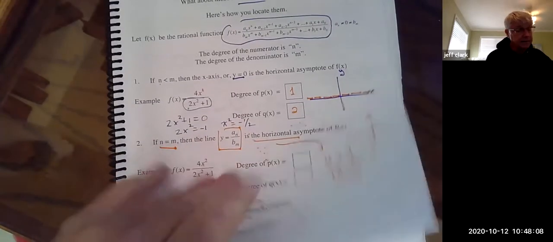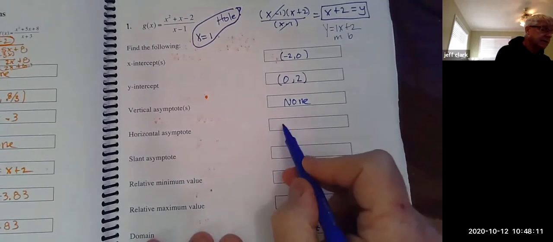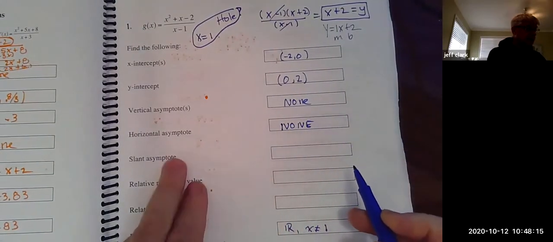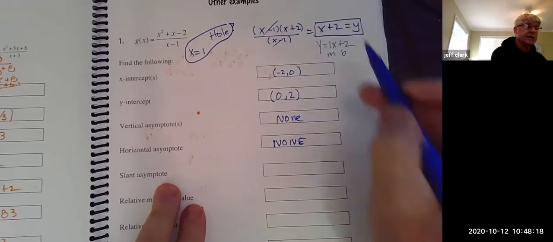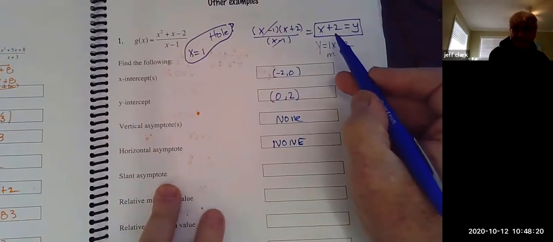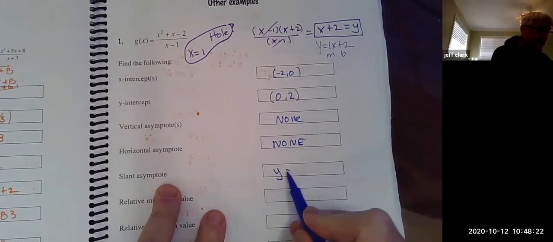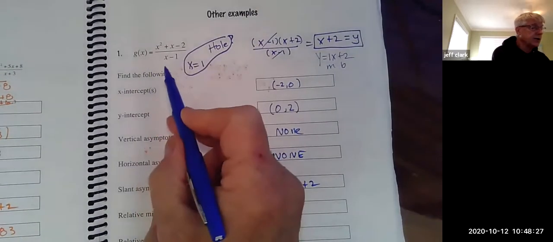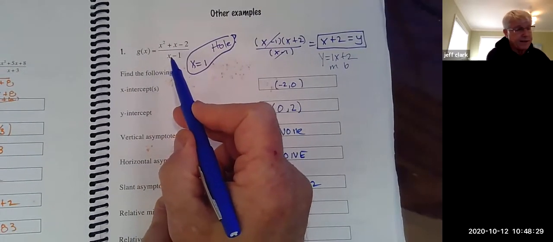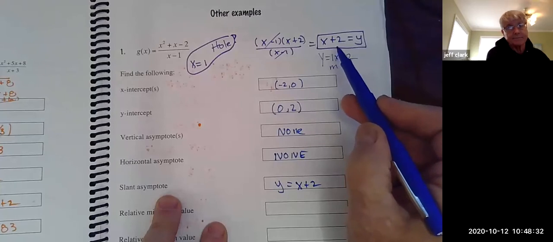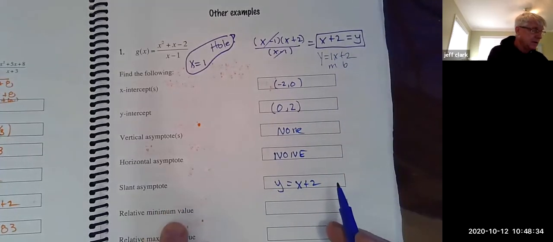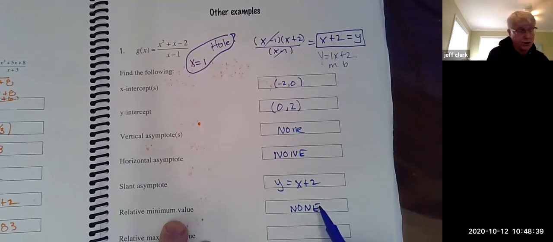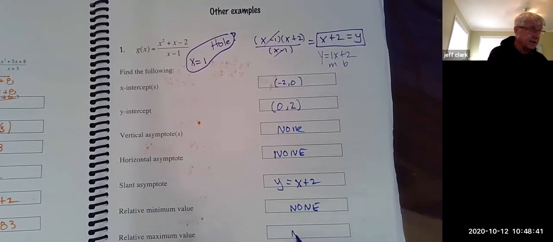That would be none. Slant asymptote, well, it turns out to be that line itself, so that would be y equals x plus 2. Jeff, I thought you had to do long division. Sure, go ahead and do long division on this, and you'll get that. Relative mins, none, because there's no turn. Likewise with relative max, none.